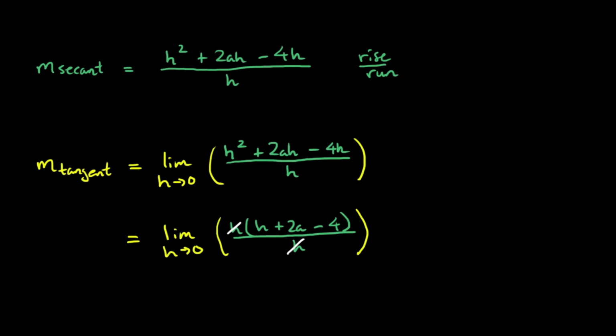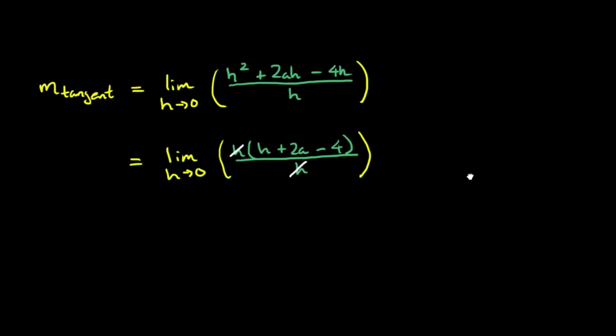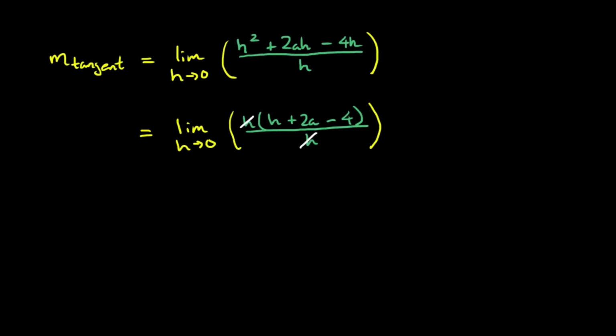So now we can let the limit do its work, because now if h goes to 0, h is going to go to 0, 2a is going to stay at 2a, and minus 4 is going to stay at minus 4. So the only thing disappearing there is just this little h in our numerator, because that's the only thing that's going to go to 0 that's affected by h.